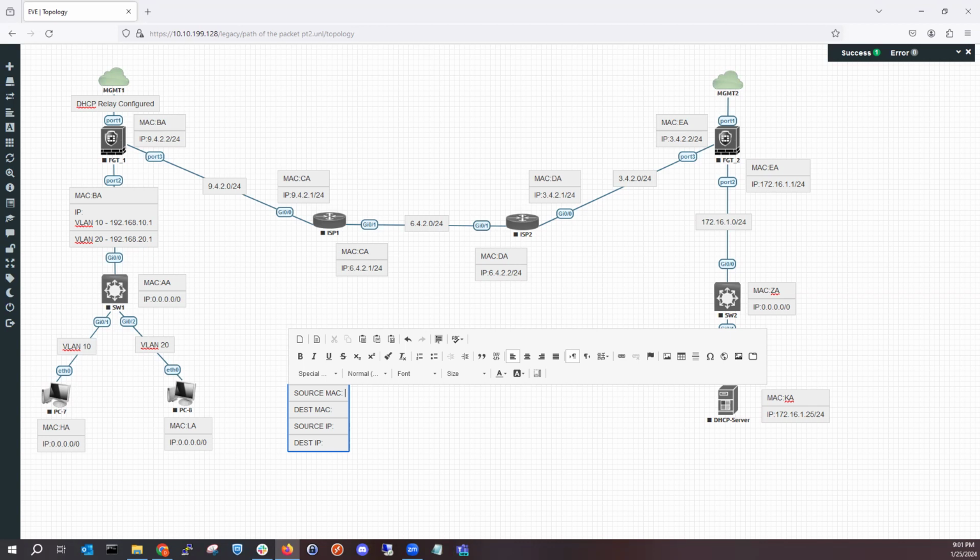So let's try this again. Now that you know that, what does the frame look like at step 2? Who's the source? Who's the destination? Who's the source IP?